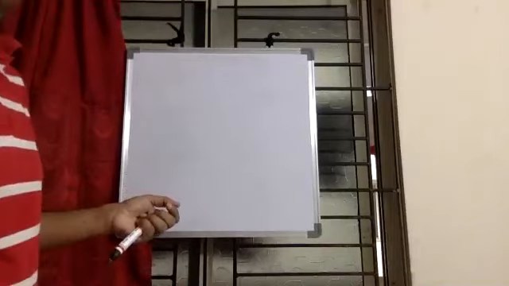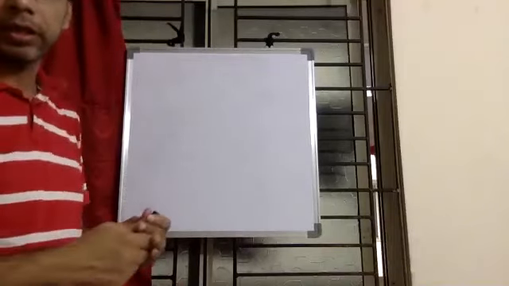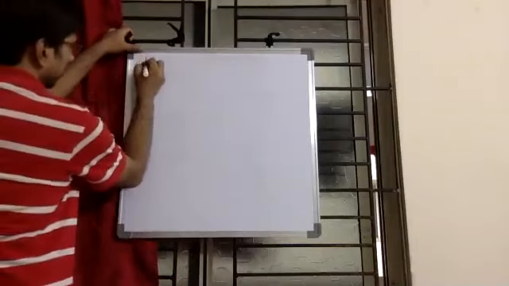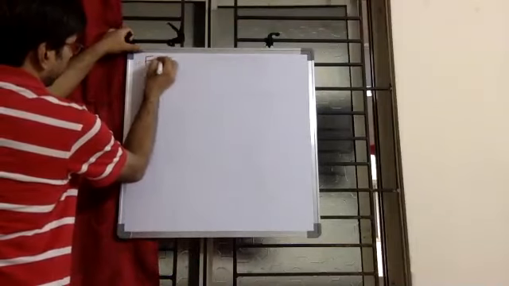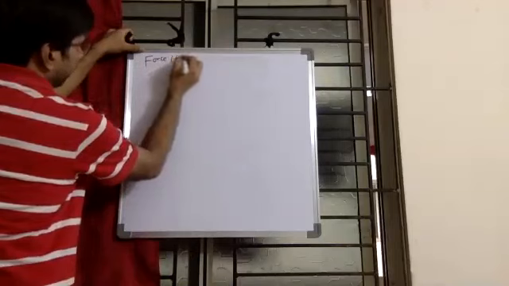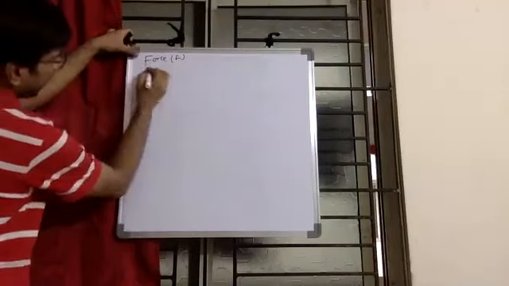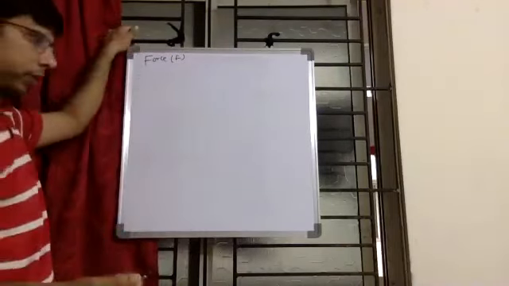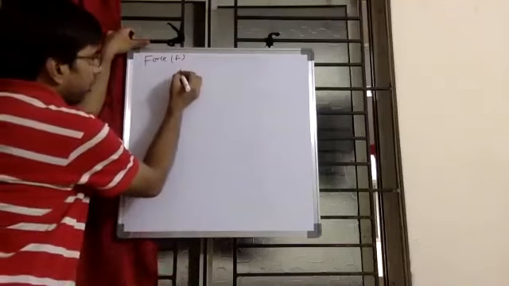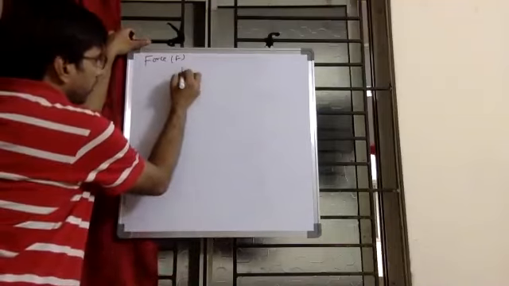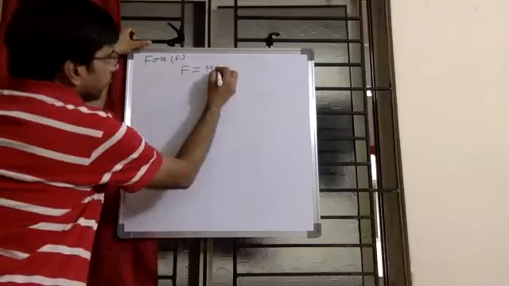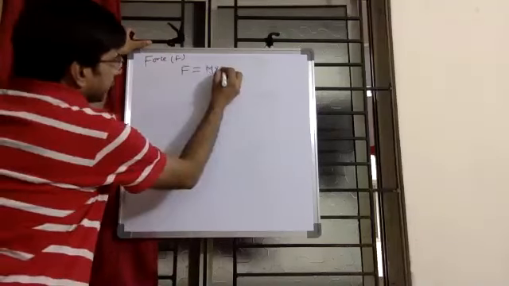Meanwhile, you just try to calculate the dimension of force, F. You just try it out. I'll write the definition. We know that force is mass into acceleration. Mass into acceleration, I'm writing here.